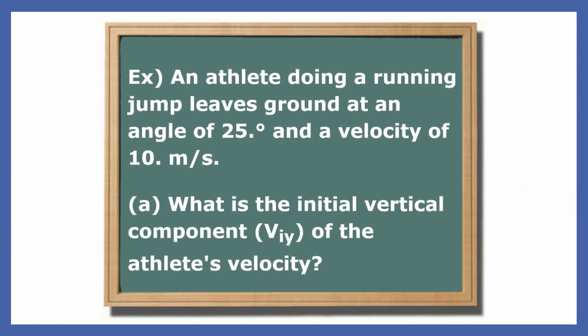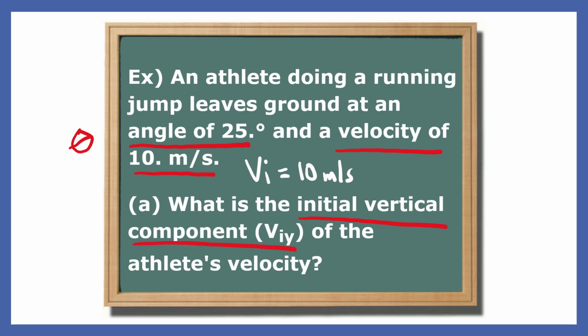So now let's try to solve a problem involving a projectile. An athlete doing a running jump leaves the ground at an angle of 25 degrees and a velocity of 10 meters per second. What is the initial vertical component of the athlete's velocity, which we call VIY?